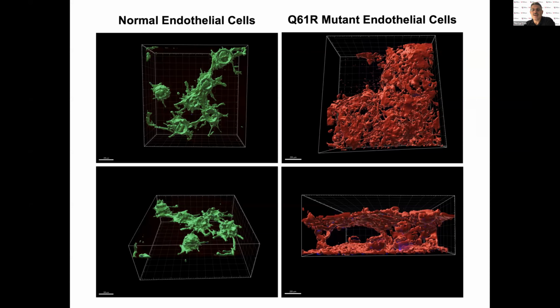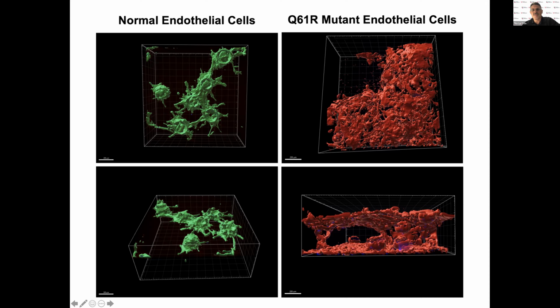And this is scanning confocal microscopy that shows you in green here that the normal cells, obviously they grow around the beads, and then they form sprouts to join up with normal endothelial cells on the other beads.